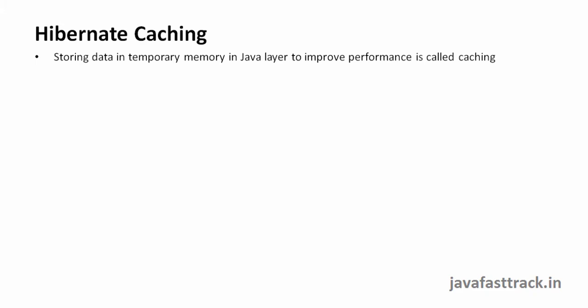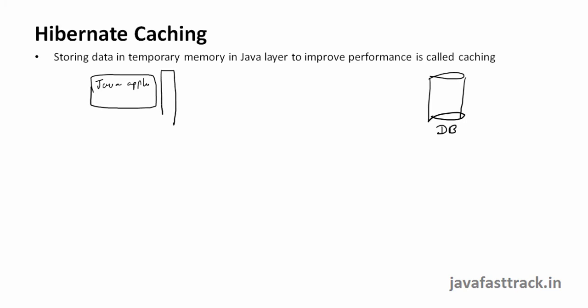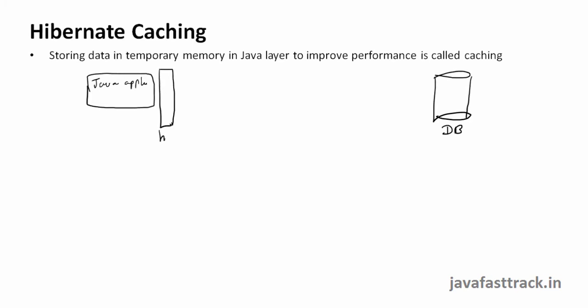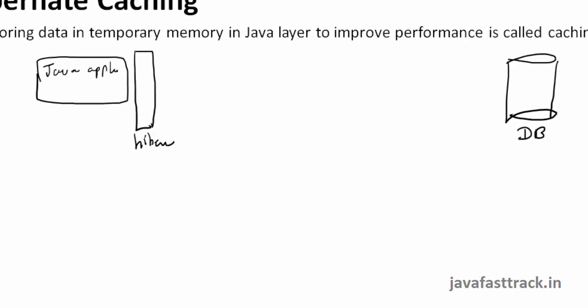Say we have a Java application which is trying to do some database operations in a database. The Java application interacts with the database using a layer of Hibernate, and Hibernate, as we know, is a layer on top of JDBC.